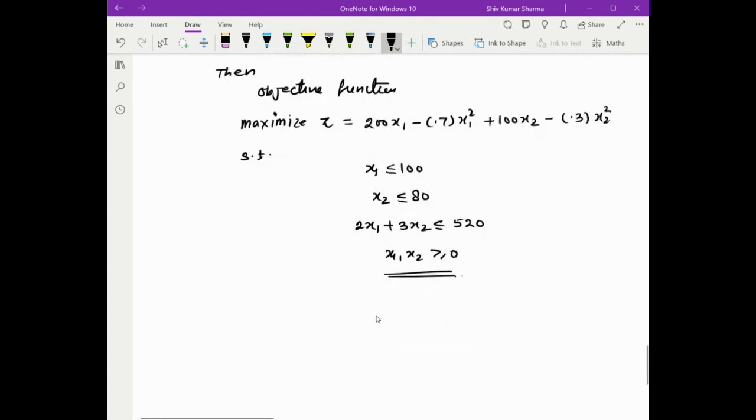So this is also a non-linear programming problem.